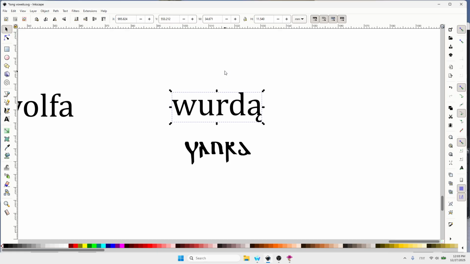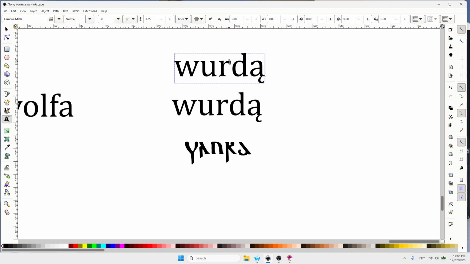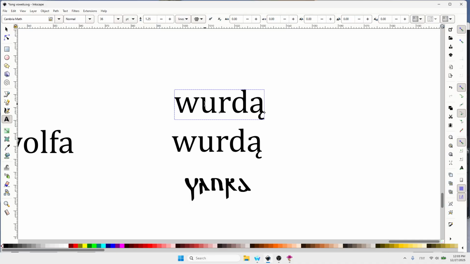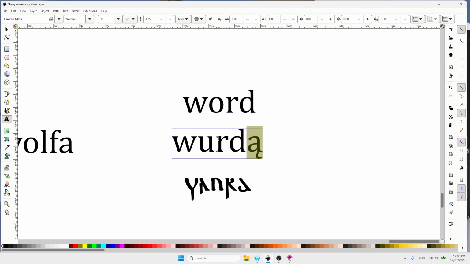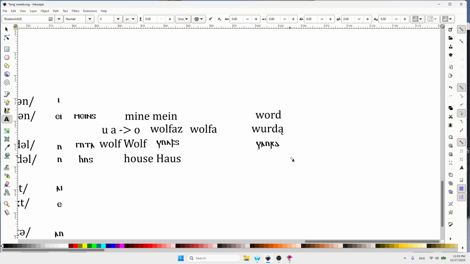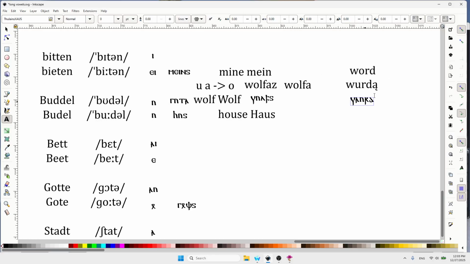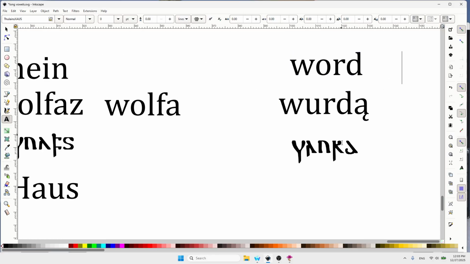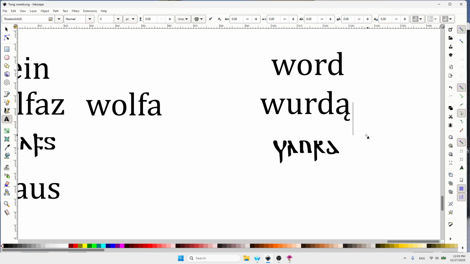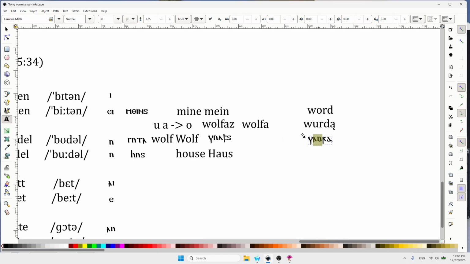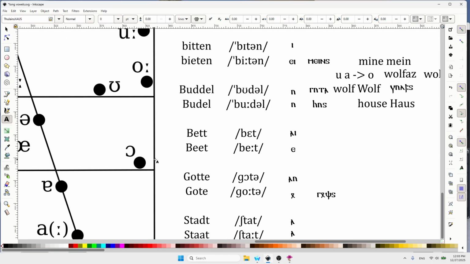This is another example where a word becomes another word, because this A causes a mutation on the U. And in Gothic, it also becomes a word with an O sound because the R causes the U to lower to here.